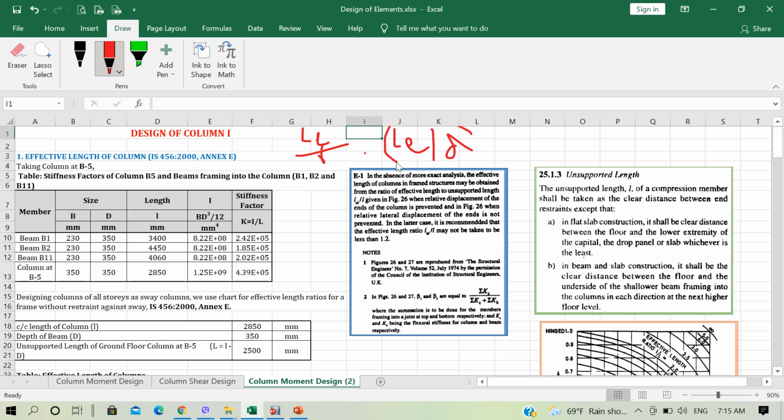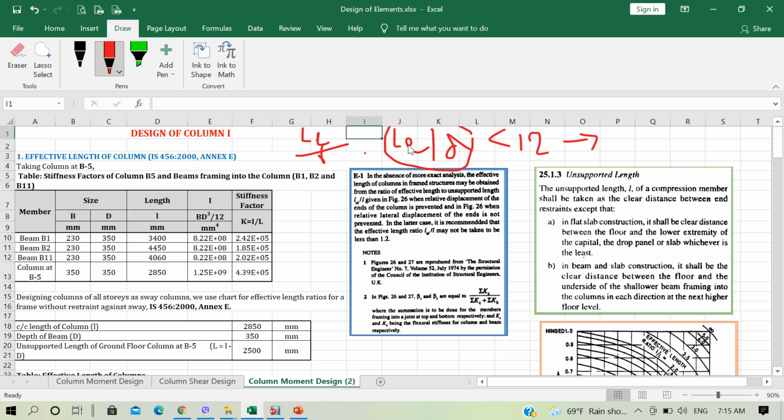So our formula for slenderness ratio is effective length of the column divided by the least lateral dimension of column. Now, if the value of this slenderness ratio comes out to be less than 12, then our columns are short columns, and then we don't have to determine the additional moments due to slenderness.